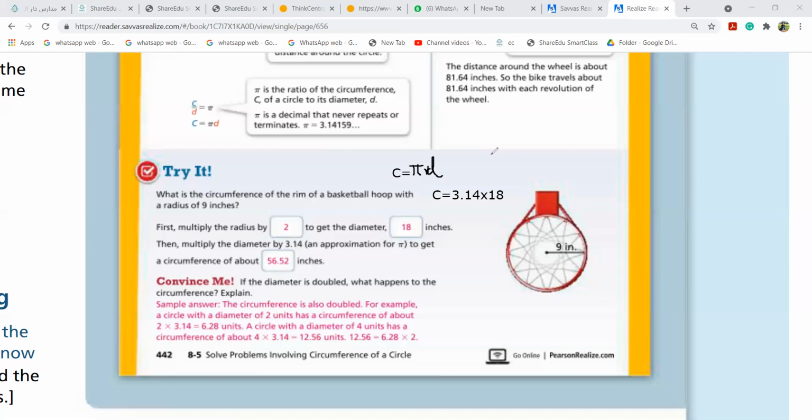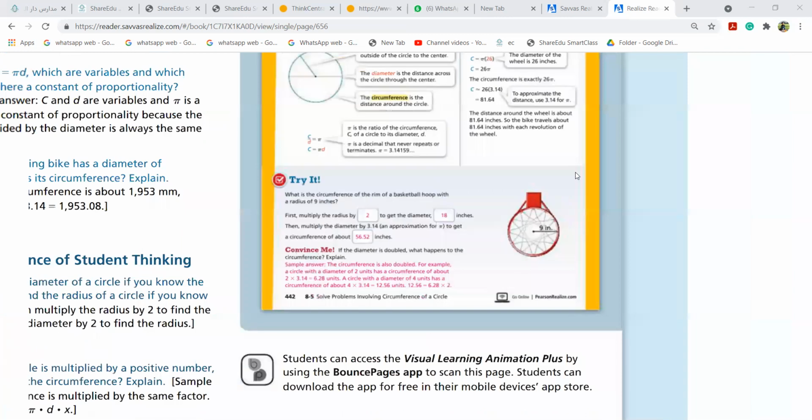It's 56.52. That's what you have to write here, on page 442. Okay. Finished? Yes.